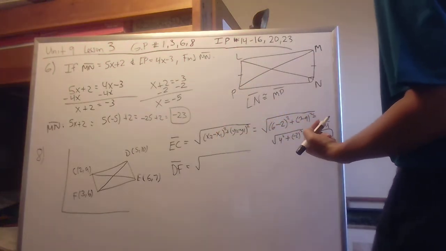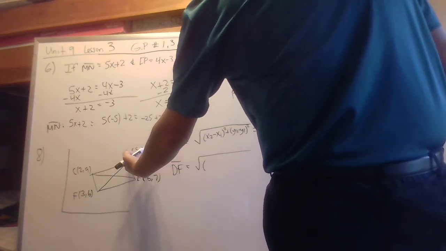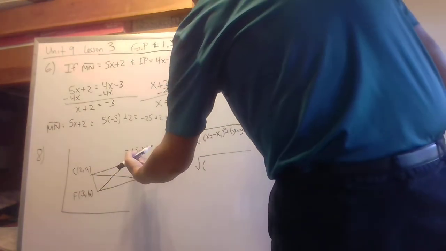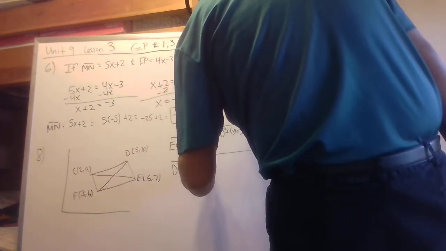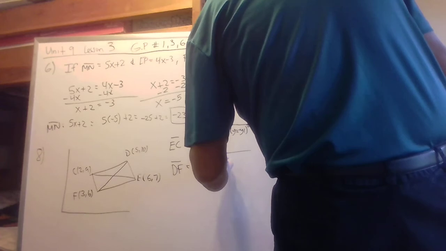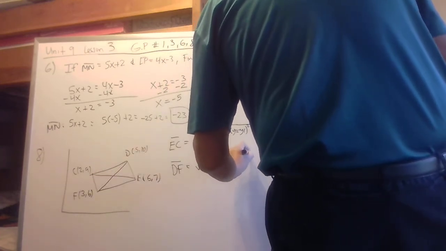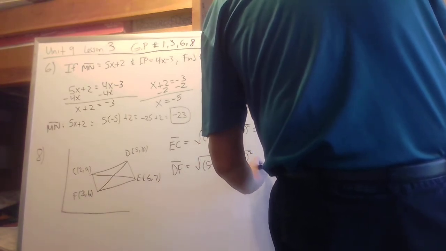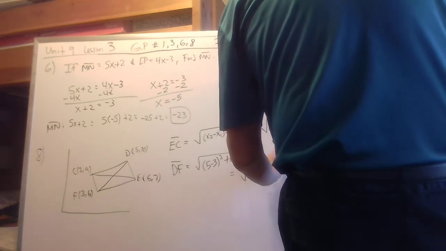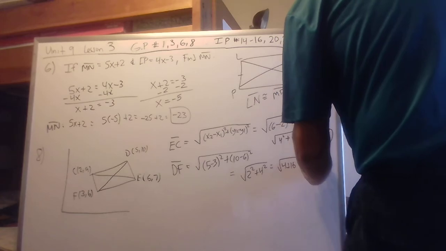So we're going to use this distance formula again, and since we're using D and F, I would take the bigger x value and subtract the smaller, so we're going to go 5 minus 3 squared plus 10 minus 6 squared. Doing the math, we're going to get 2 squared plus 4 squared, equals the square root of 4 plus 16, which is in fact the square root of 20.